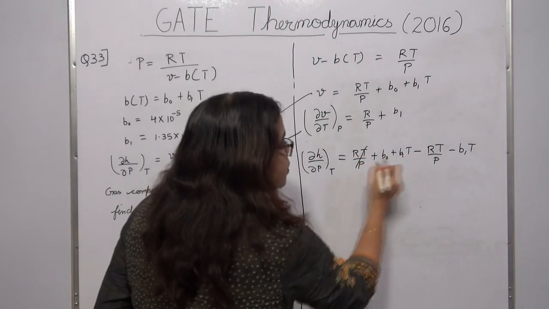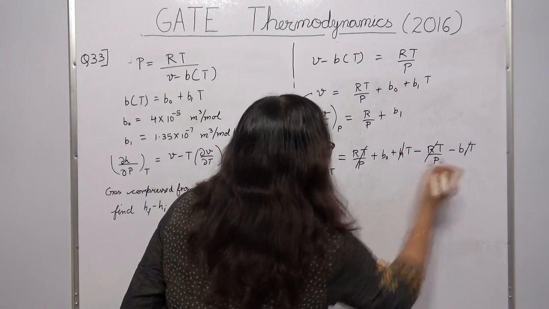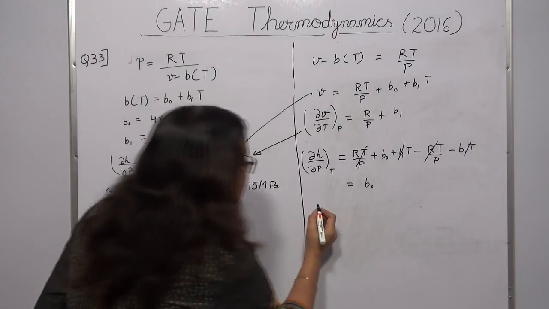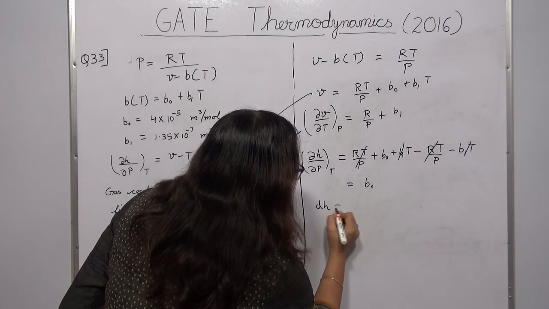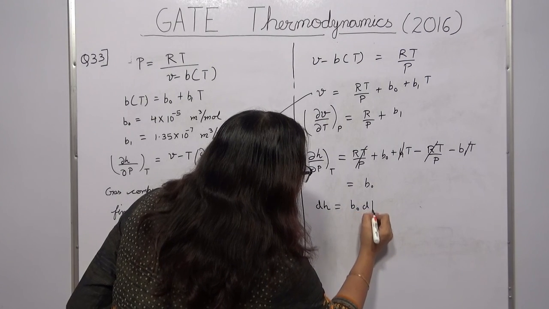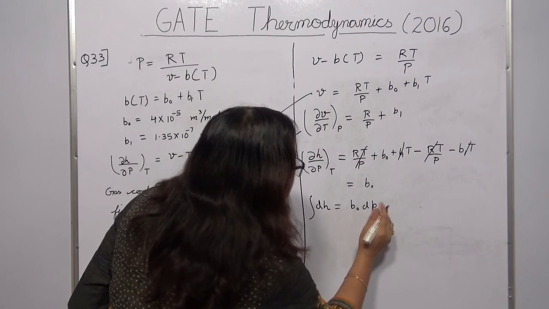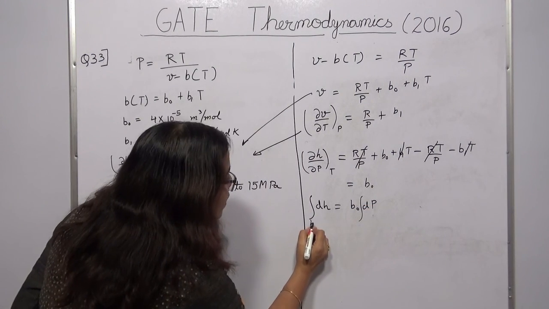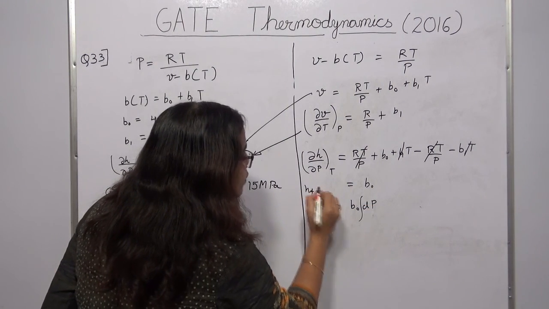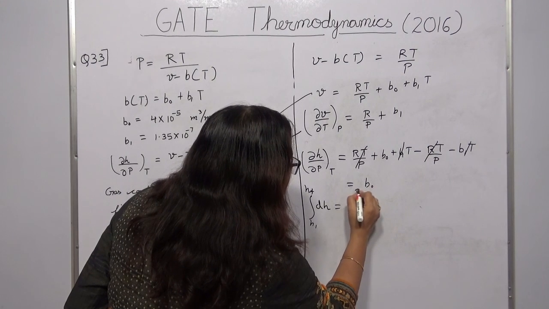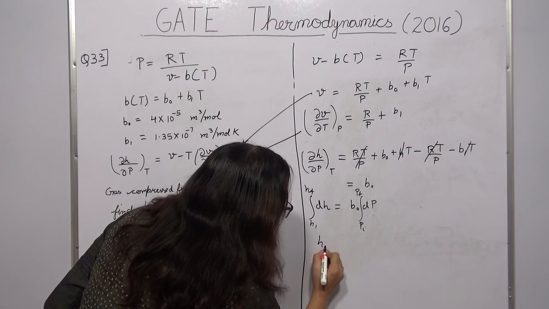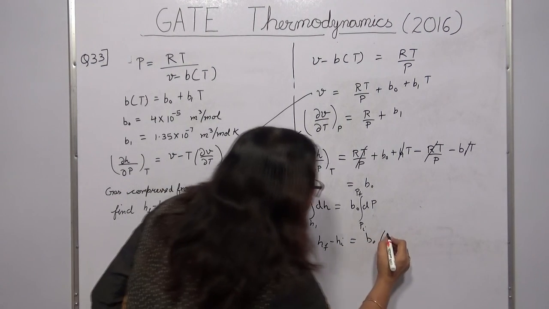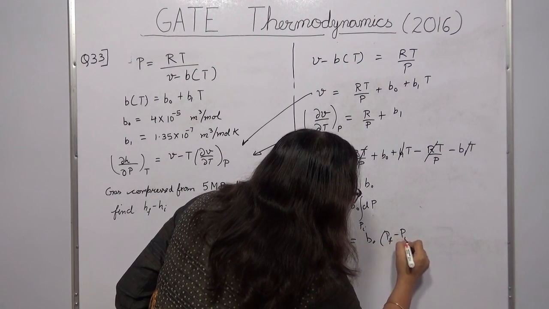Now you will see that some terms are cancelling and you are left with only B0. Now I can write this as dH equal to B0 dP, or if I integrate it from HI to HF, so it will be Pi to PF. So HF minus HI is equal to B0 times PF minus Pi.